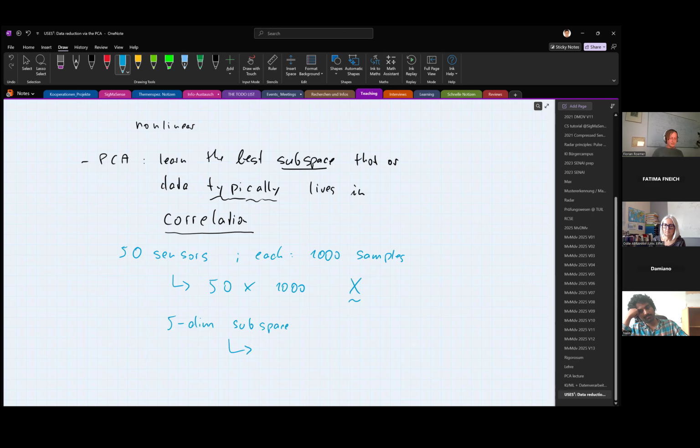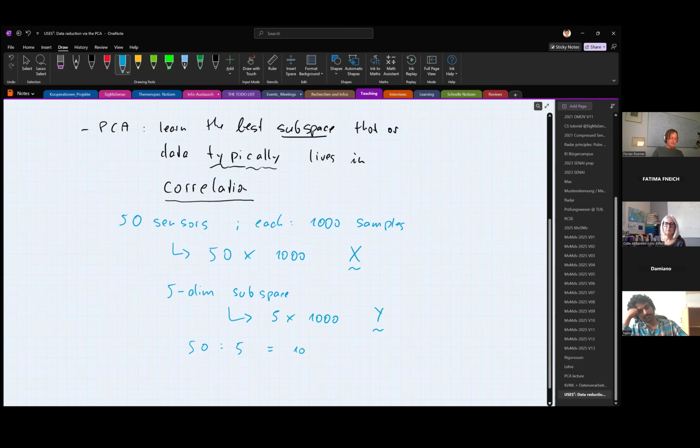Then what we could do is project the 50-dimensional data into 5-dimensional data, and we would have a 5 by 1,000 representation of the data, let's say a new matrix, which though faithfully represents the data with some fidelity, meaning we can reconstruct the original 50 by 1,000 if we wish to do so from this without significant loss of information. But this data is much smaller because we've achieved a compression of 50 to 5, meaning factor 10.